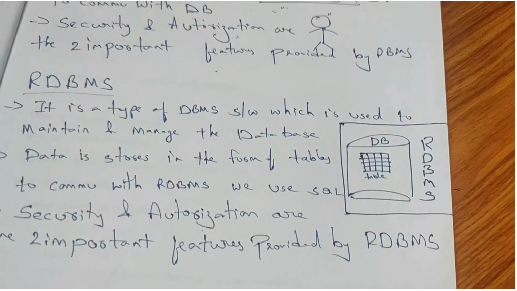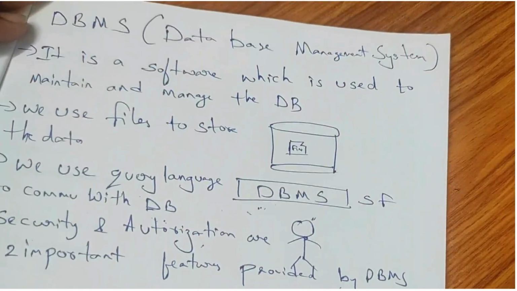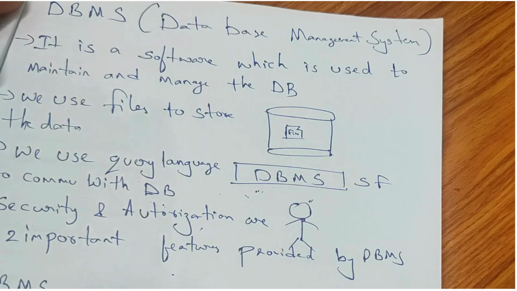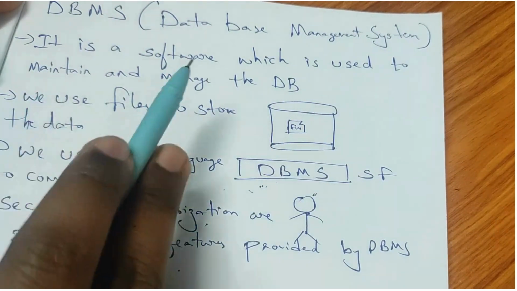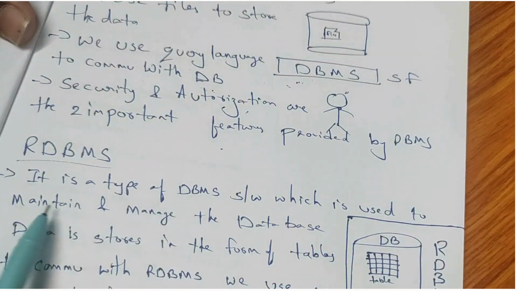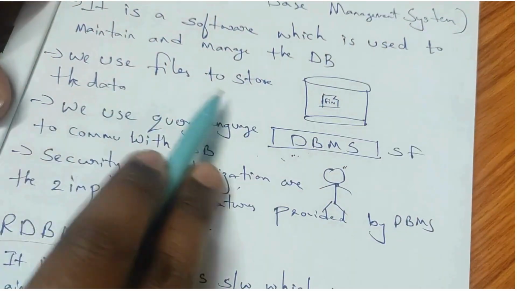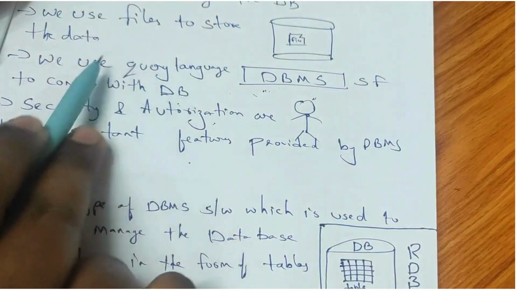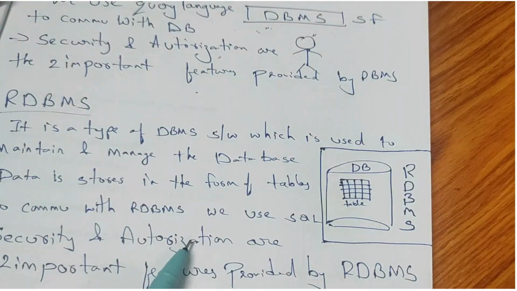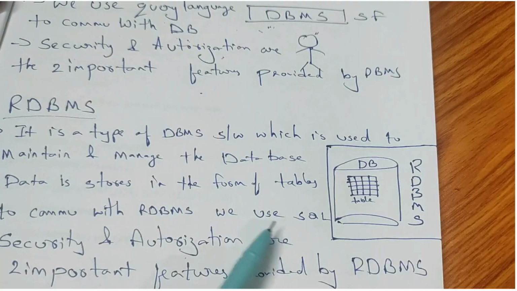So basically this is the difference between DBMS and RDBMS. DBMS is software used to maintain and manage the data, and RDBMS also maintains and manages the data. DBMS stores the data in the form of files; RDBMS stores it in the form of tables. To communicate we use a query language; in RDBMS we use SQL, structured query language.